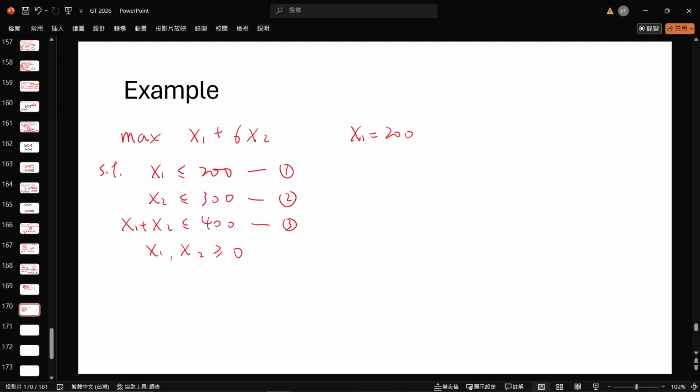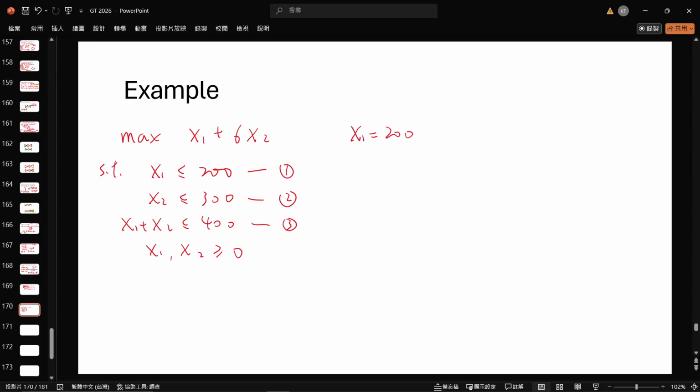Now, if x1 is set to 200, then what is the highest possible value for x2? Well, there are two constraints. x2 is at most 300, so probably you will say that x2 should be set to 300. But then it violates the third constraint, because the third constraint says that their sum is at most 400.